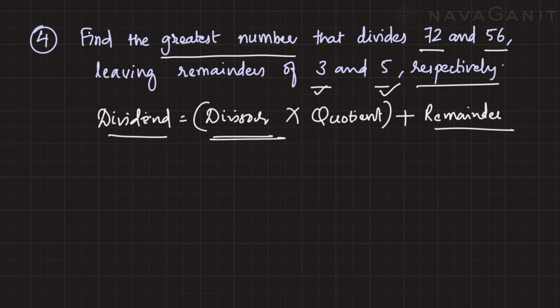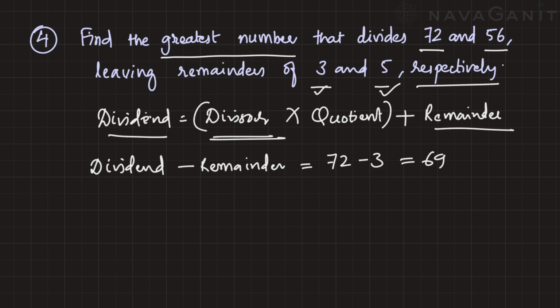So I first find the effective dividend, which is dividend minus remainder. This would be 72 minus 3, that is 69. In the other case it would be 56 minus 5, which is 51.